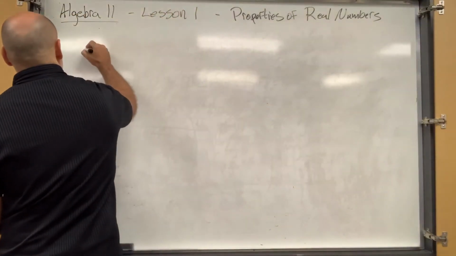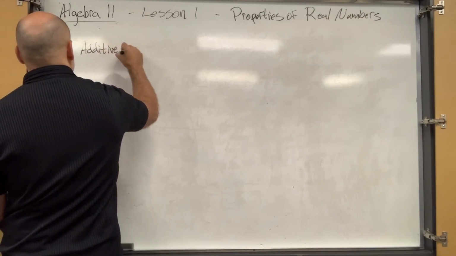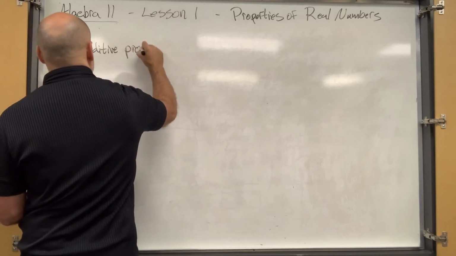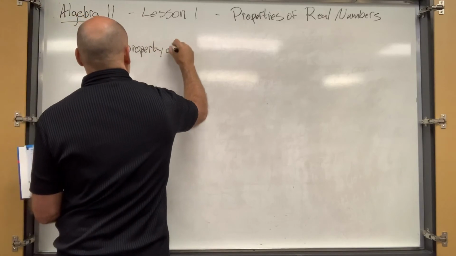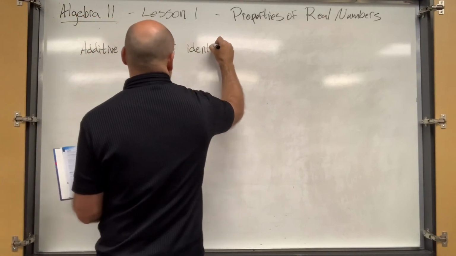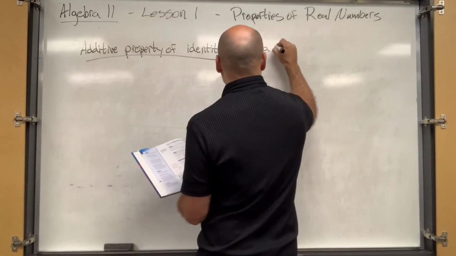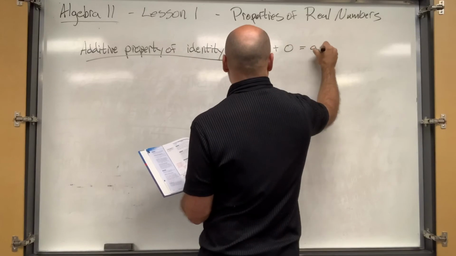But this is the addition or additive property of identity, or identity property of addition. A plus 0 equals A.